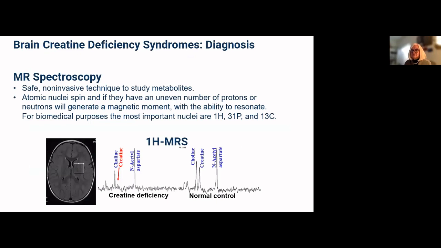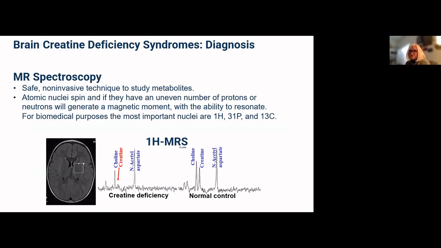As I mentioned earlier, initially they were identified through MR spectroscopy, because of the lack of the creatine peak. On the right side, you can see the brain MR spectroscopy of a patient unaffected by cerebral creatine deficiency.